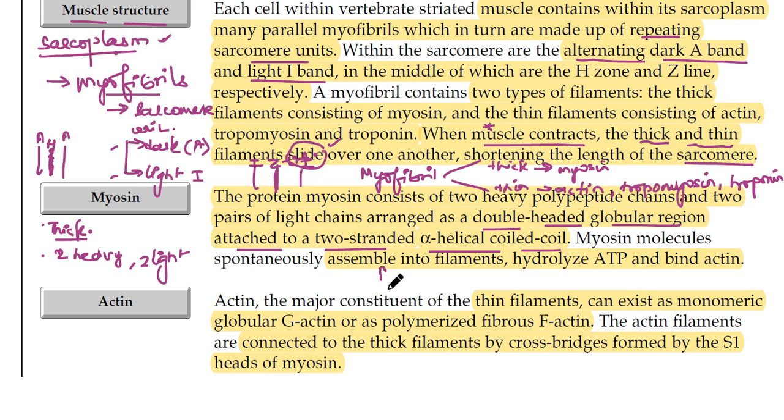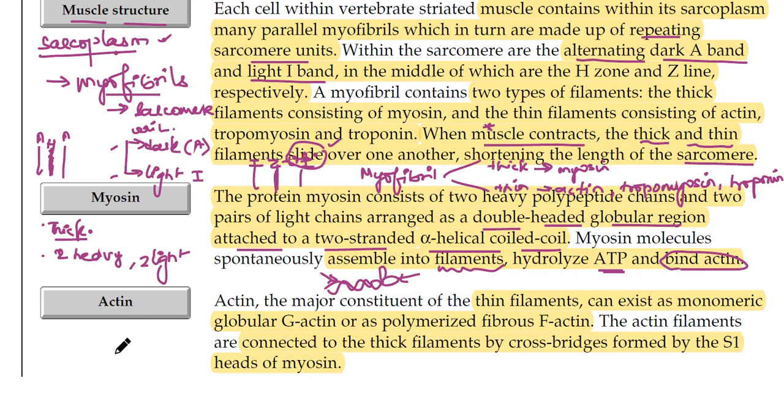This is the alpha helical coiled coil, and this is the double-headed globular region. These myosin molecules assemble into filaments. They are able to hydrolyze ATP and bind actin. They have a binding site in their head region.